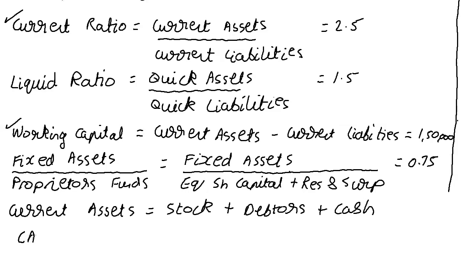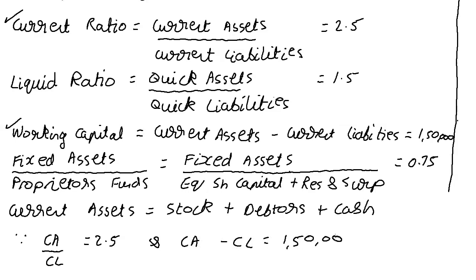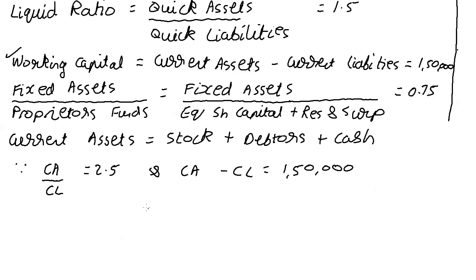Since current assets upon current liabilities is equal to 2.5, and current assets minus current liabilities is equal to 1,50,000, I can say that current assets is equal to 2.5 times current liabilities.